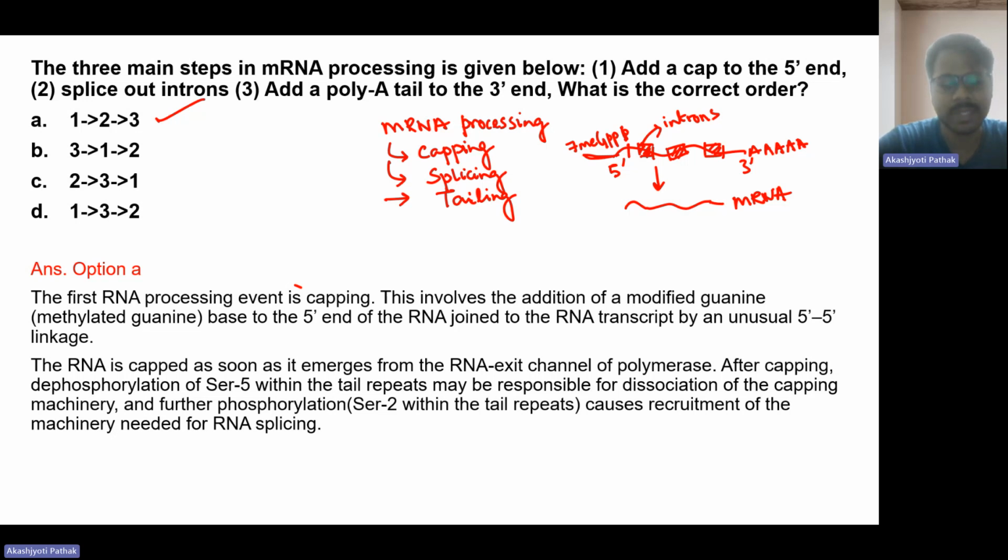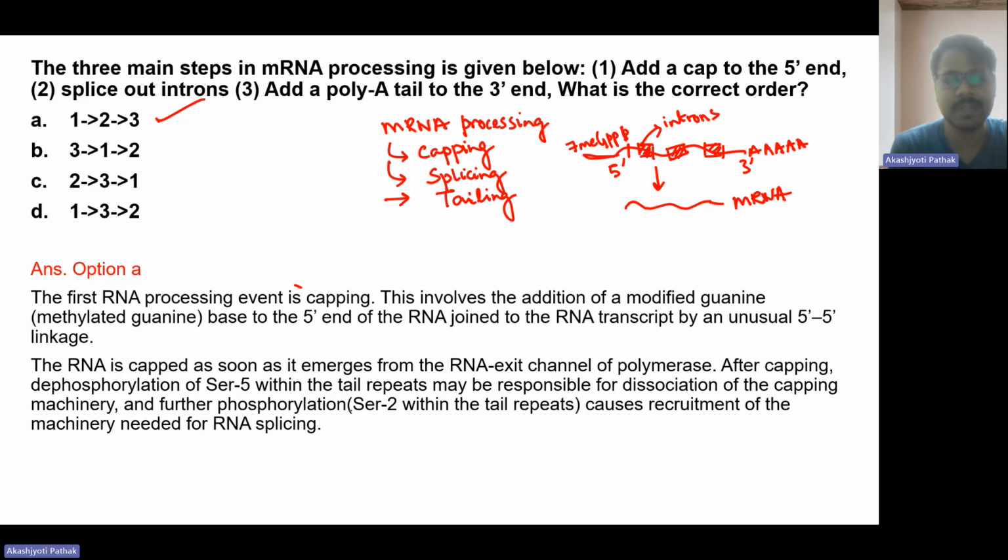As I was discussing, the capping machinery has several enzymes which help in the addition of this modified guanine onto the 5 prime end, and so when the serine 5 is dephosphorylated, it acts as a signal for the dissociation of this capping machinery and further phosphorylation.